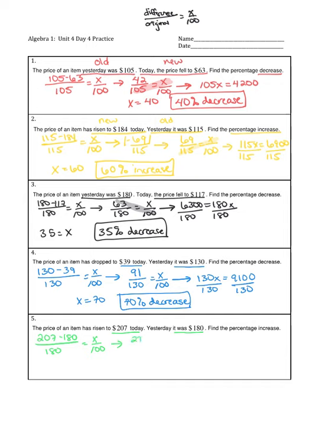Should be 27 over 180 equals x over 100. Cross multiply. 180x equals 2700. Divide both sides by 180, and you get x equals 15. That is a 15% increase.